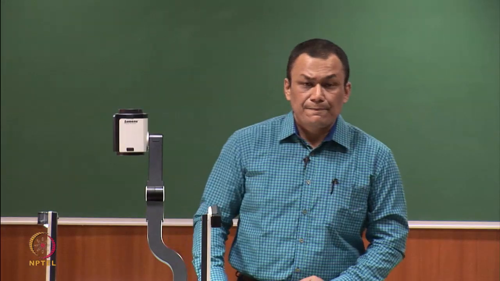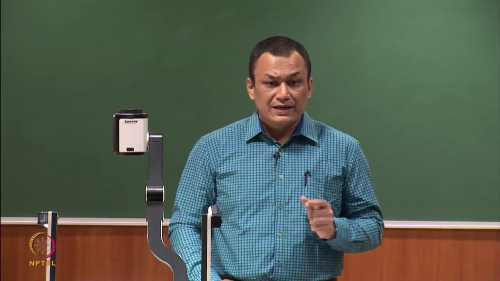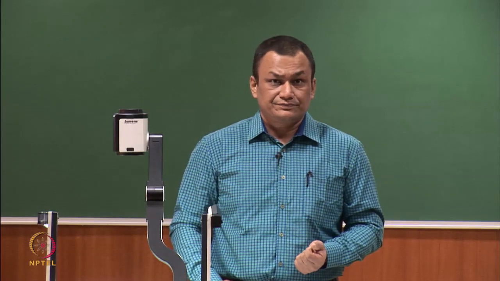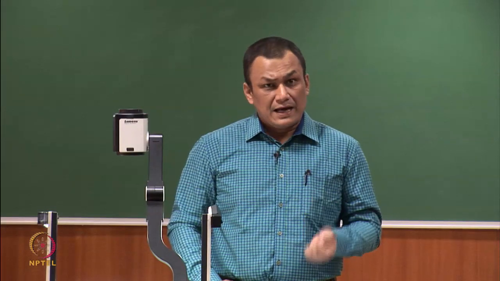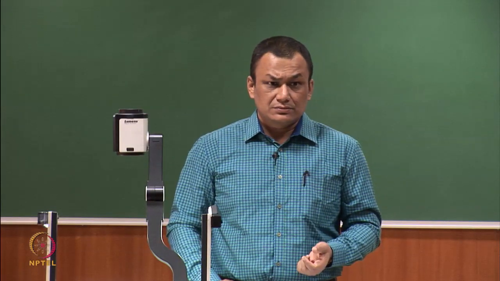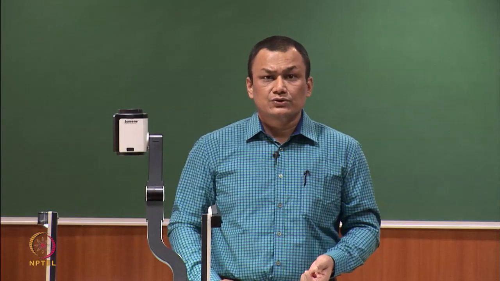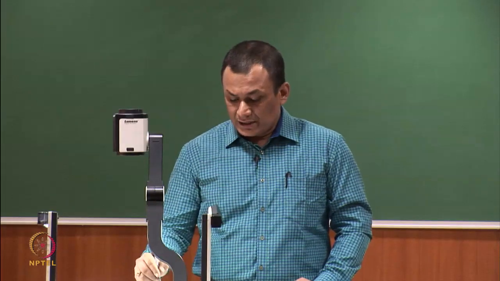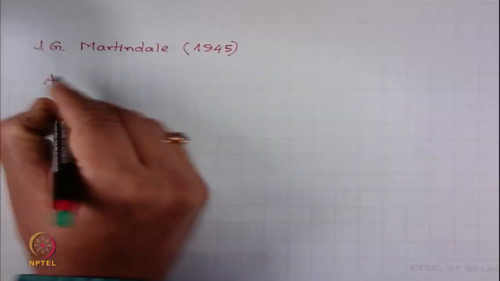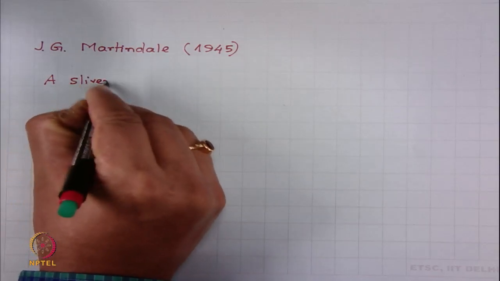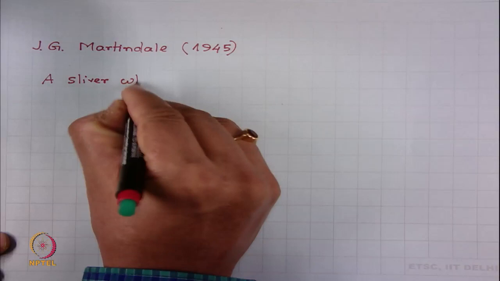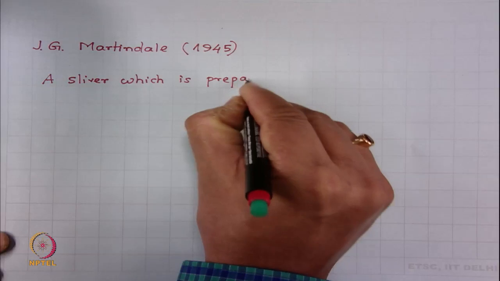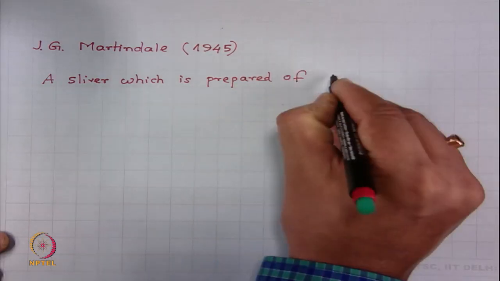So, Martindale tried to analyze the mass irregularity of sliver, and Martindale's model is also applicable to yarns. Martindale thought about a sliver which is prepared of fibers.